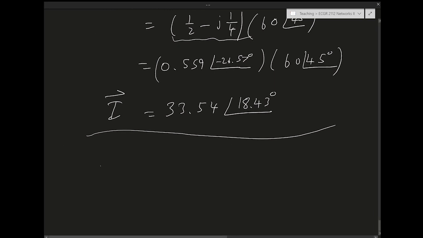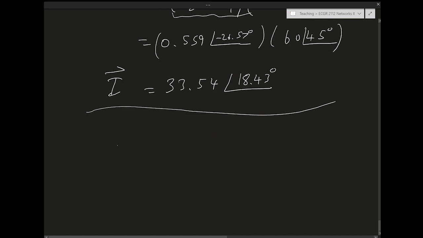Another example, let's say we have this circuit, 1 ohm, and I'm giving you the impedance for every element directly. So this has impedance of minus j2 ohm. So the capacitor, as I've hinted at in the previous example, from the expression for the impedance of the capacitor, the impedance of the capacitor will always be imaginary and negative, while the impedance of an inductor will always be imaginary and positive.